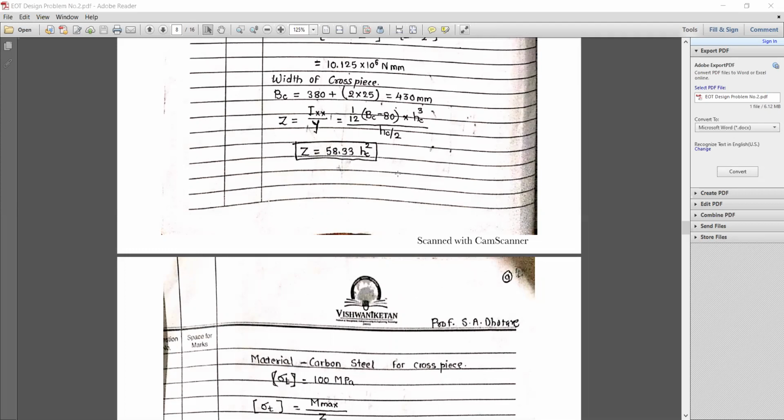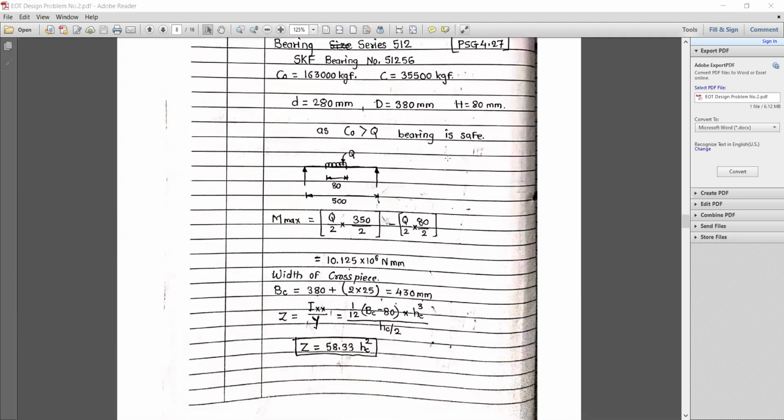So 380 is the maximum diameter of the bearing, plus we are keeping a 25 mm margin on each outside.